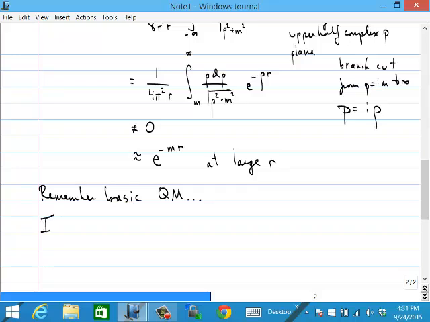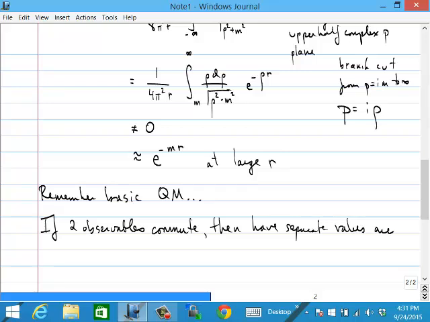Well, if two observables commute, then they have separate values and the observation of one cannot influence the observation of the other.